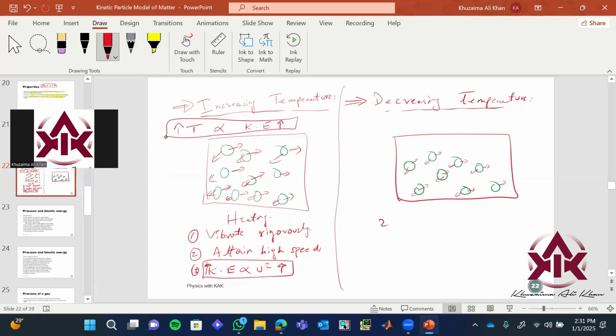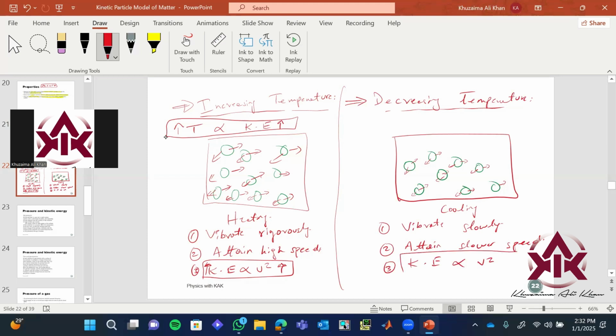As soon as I decrease the temperature, so I'm cooling it, what happens as I cool it? They start to vibrate slowly, and as soon as they start to vibrate slowly, they attain slower speeds. And again, from the relation which we have got from the kinetic energy formula, the kinetic energy is directly proportional to speed squared.